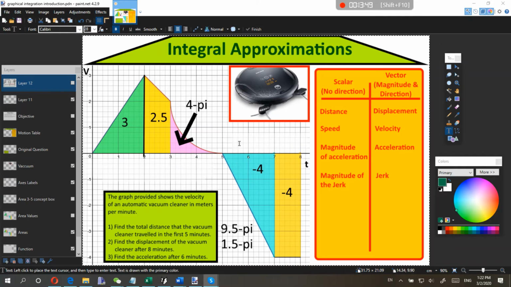How could I find the acceleration at 6 minutes if this is a velocity function? Meters per second squared. Velocity. You could divide by time. I'm going to divide by time.